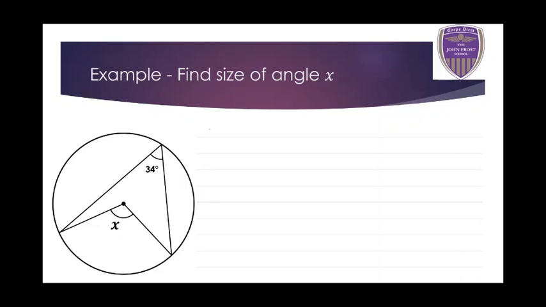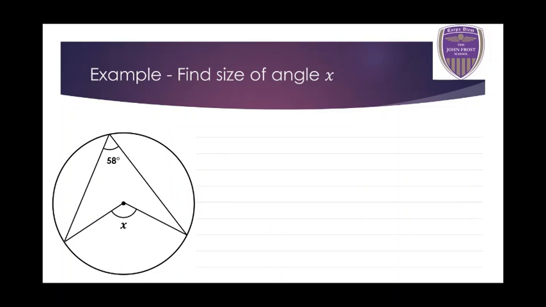So therefore, x is equal to 2 times 34 degrees. Therefore, 2 times 34 degrees equals 68 degrees. And that's it. That's your final answer. X is 68 degrees because it's double the angle at the edge of the circle. Okay? Let's have a look at another one.